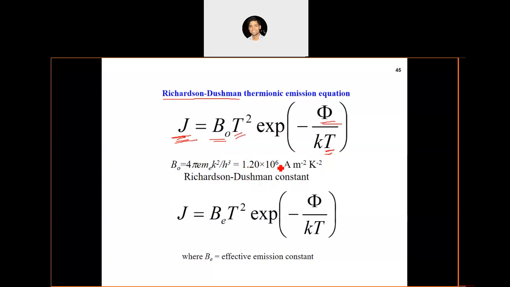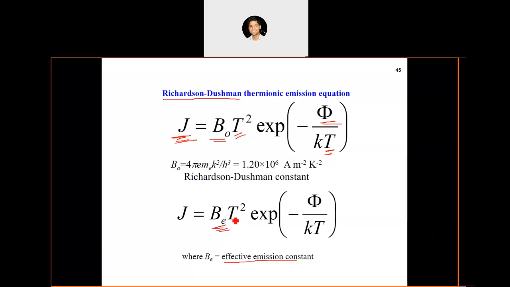So if we take that into account, we get a different constant, the effective emission constant. The value of this effective Richardson constant will be given to you if there is any problem. How it is derived, I did not go into detail because it is not really required.